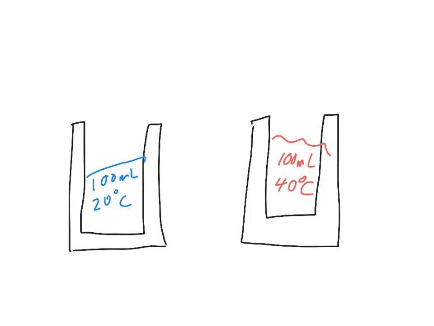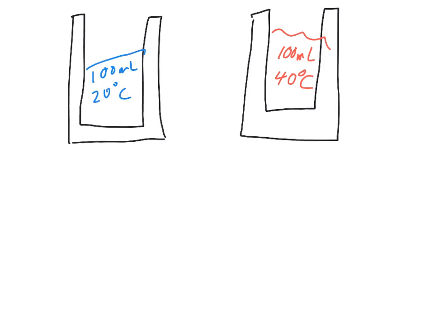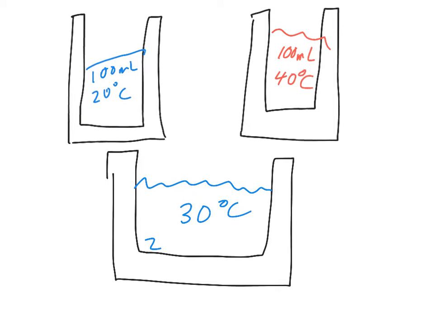What happens if I mix those two glasses of water together? Well, if you add hot water to cold water, the cold water gets hotter and the hot water gets colder. And you wind up with 200 milliliters of water at the same temperature.